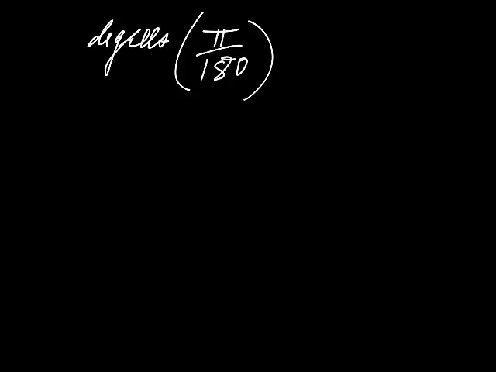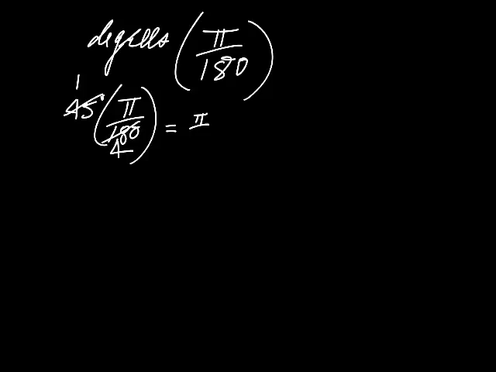And that will convert from degrees to radians. So for instance, if I have a 45 degree angle, I multiply it by pi over 180, and I get 45 pi over 180, and 45 goes into 45 once, it goes into 180 4 times, so 45 degrees in radians is pi over 4.